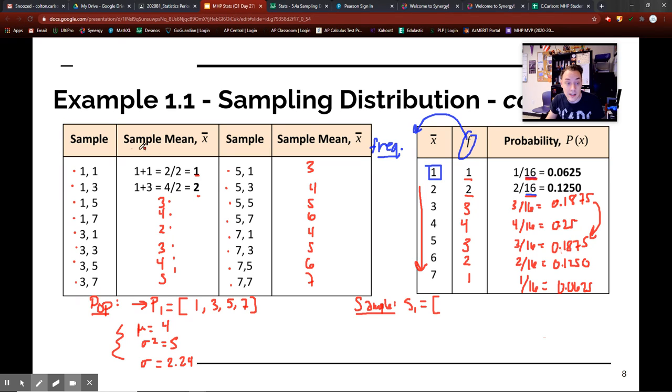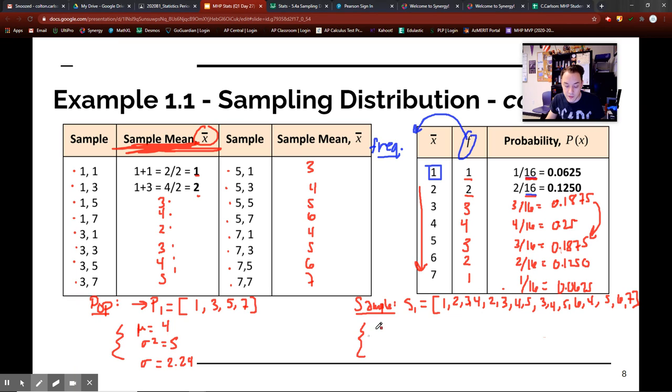Those are my sample means that I found. So I'm going to list them all out. This is 1, 2, and then 3, 4, 2, 3, 4, 5. And then this is 3, 4, 5, 6, 4, 5, 6, and then 7. Okay, so those are all the numbers. It's about 16 total.